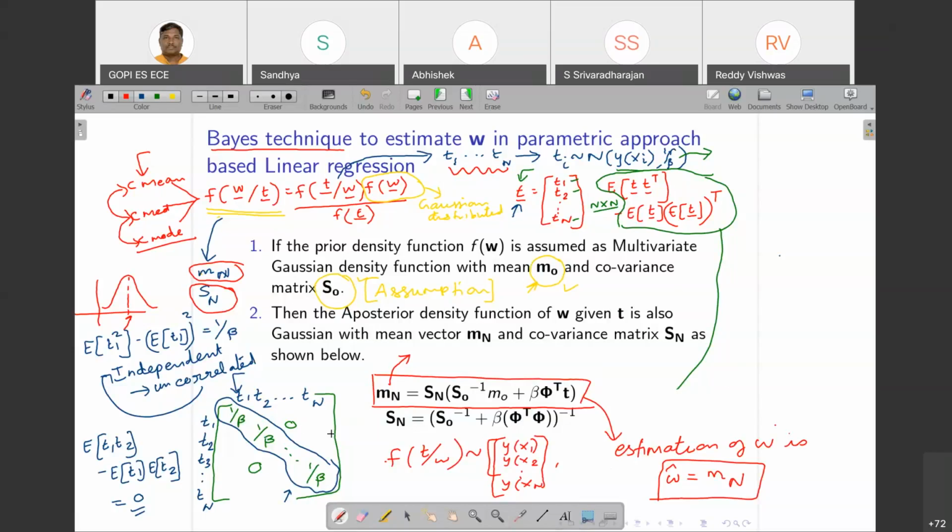We are not giving any explicit expression for it, so let me write it as a matrix itself: 1 by beta on the diagonal, and the off diagonal elements are going to be 0.